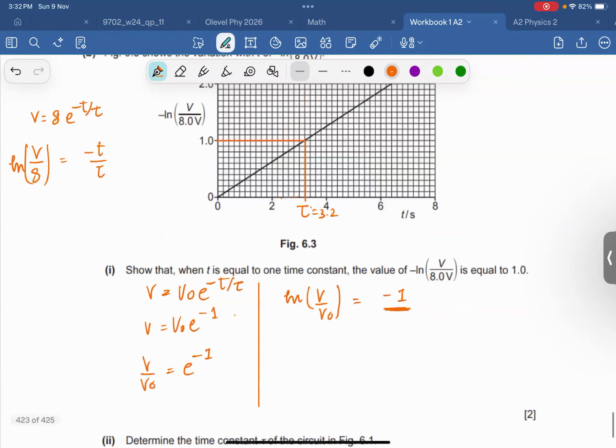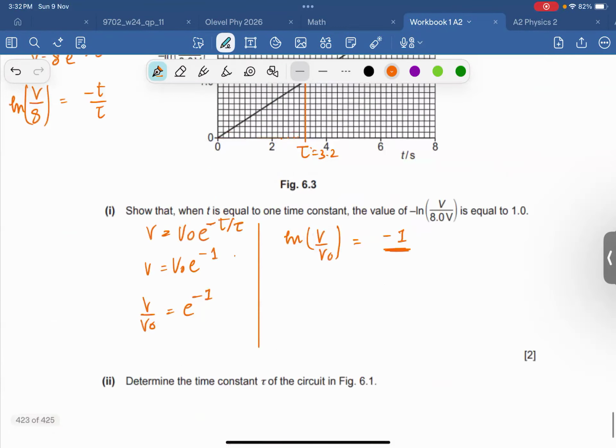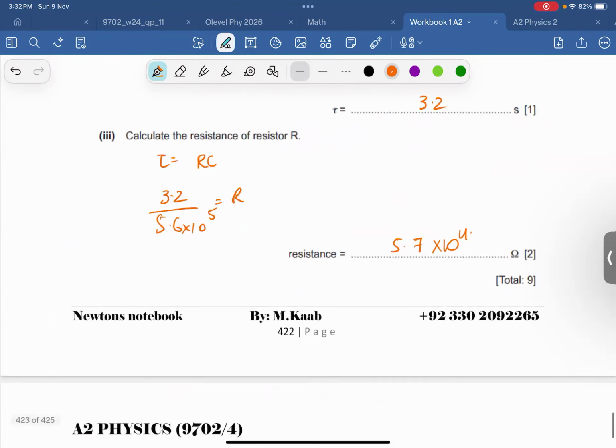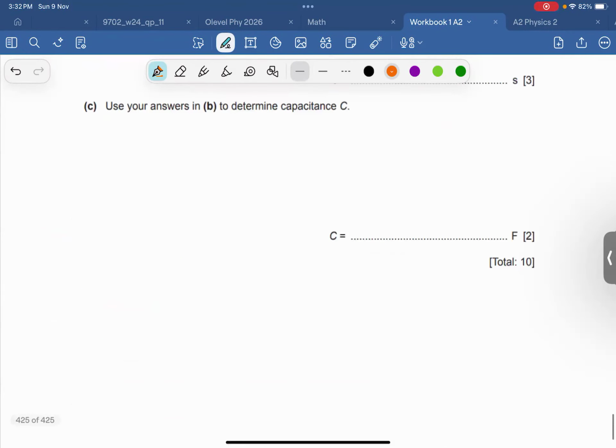Wait, 200 exponent negative 6. Okay, this is 5, not 6. This is also 5 and not 6. Then it should be 5. Okay, fine. Now that is done. Last question.